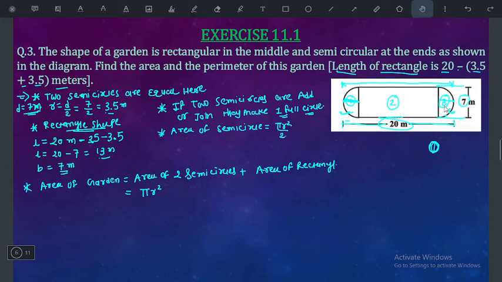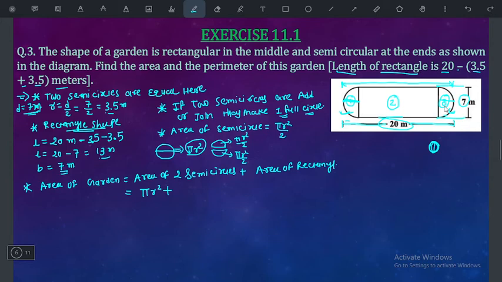Because the area of a full circle equals pi r square, and if we cut this circle into two parts, then the formula for each is divided by 2. If they both are joined, then the formula is pi r square. If they are separated, the formula is pi r square by 2. Clear?